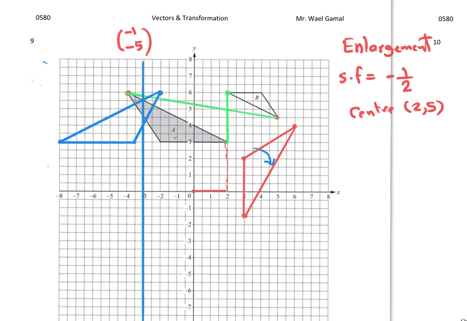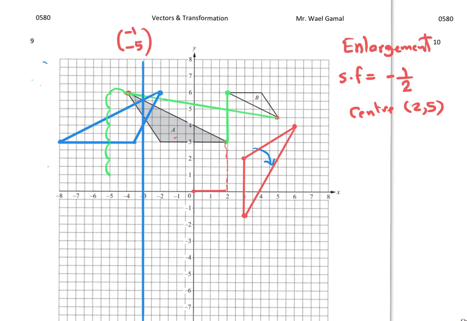We can find the image for 1 point, then we can deduce the rest. Each 2 squares represent 1, because from 0 to 1 is 2 squares. So 1 means 2 small squares. So 1 to the left, then 5 down: 1, 2, 3, 4, 5.